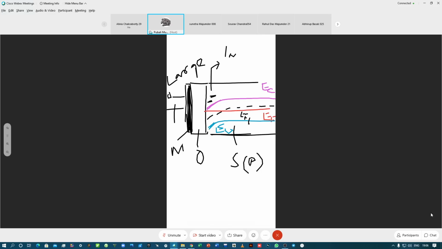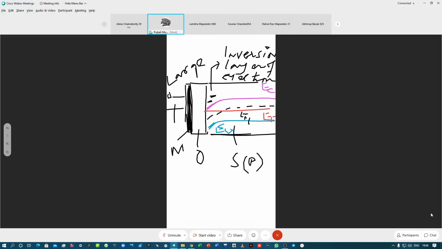This is called the inversion layer of electrons.